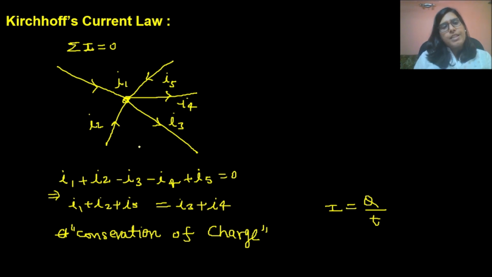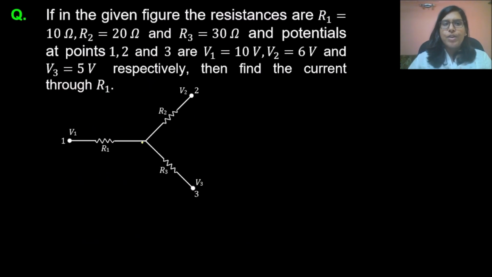Now based on this we will solve a simple question. So in this question R1, R2, R3 values are given. Similarly voltages V1, V2, V3 are given, and we have to find the current through R1. So suppose this point is the node. Here suppose the voltage is V and the current in this is I1, the current in this is I2, both currents are leaving, so the current coming to this node will be I3.